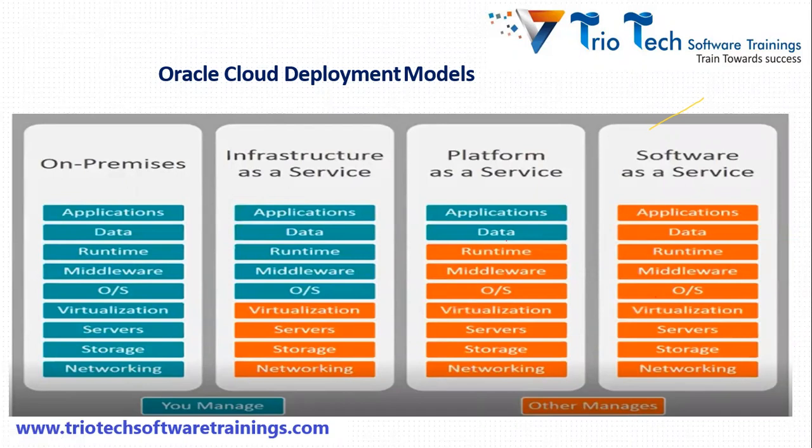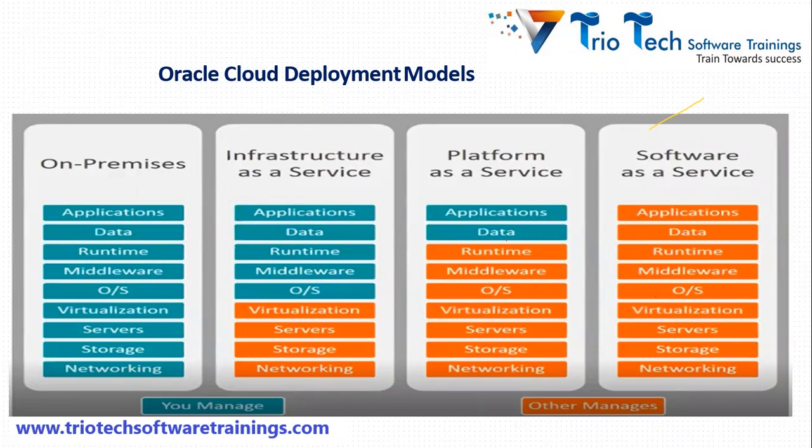Oracle provides a platform as a service, also known as PaaS. What is the use of PaaS? Customers or businesses who procure the license for platform as a service can create custom applications as per their requirements and manage the data.